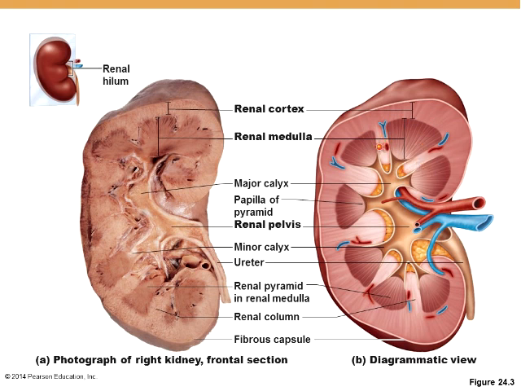You see the columns in between each of these pyramids, and there's a renal pyramid, and it comes to a point which is called the papilla, and it's from this point that whatever comes out is actually urine. It's collected in these small areas called the minor calyces, and the calyces are just collecting areas. They feed to a major area called the major calyces, which feeds to the renal pelvis, and that's where all the urine eventually runs until it begins going down the ureter.